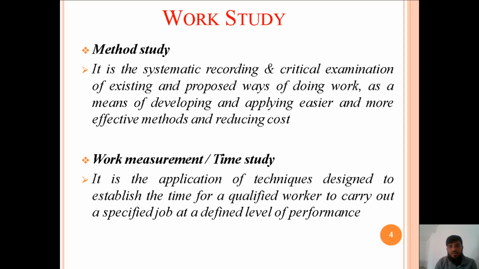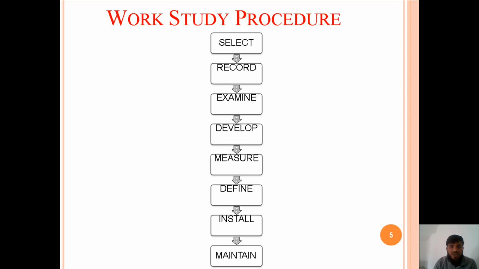Okay. So what is the work study procedure generally? Whatever the process where we are going to perform the work study, whether in terms of job, men, or machine, in which particular location you are going to study work, first we have to select that, and we have to record all the things involved in it.